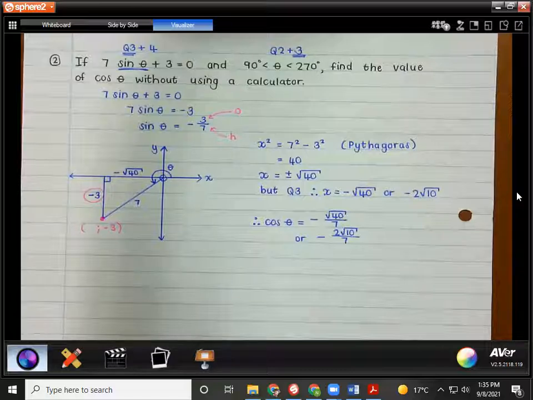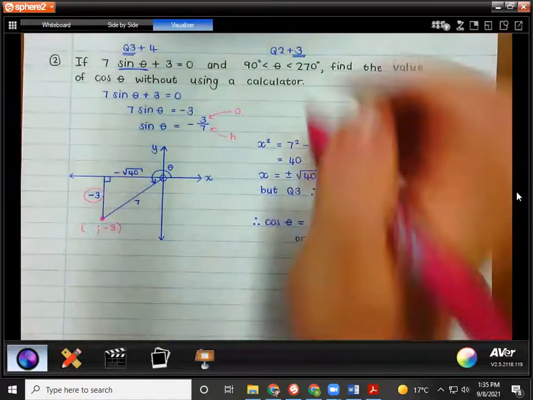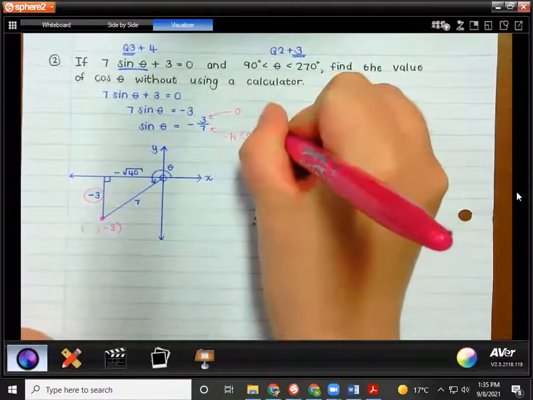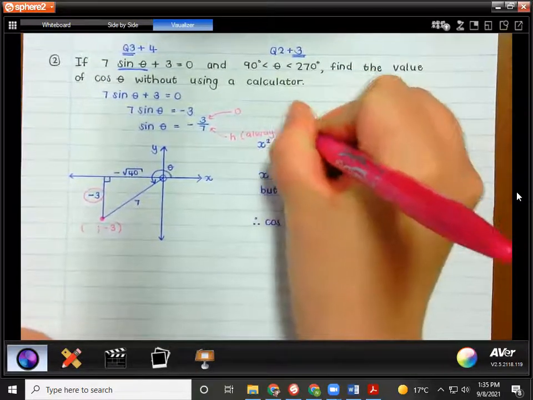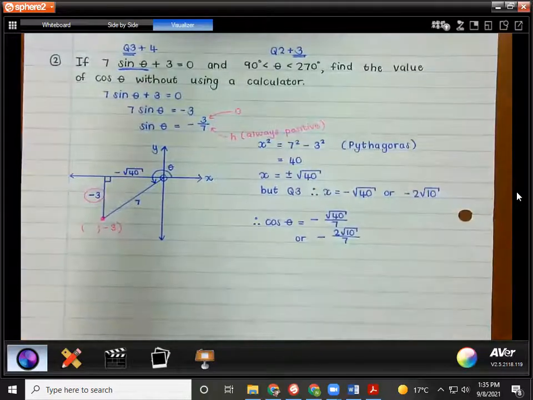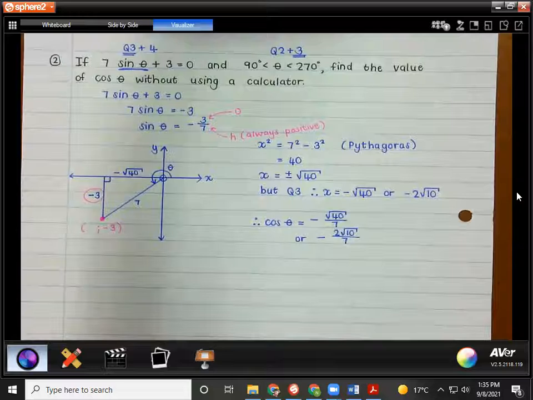Guys, another thing that you need to remember is that the hypotenuse is always positive. Just write that in somewhere. Okay, the hypotenuse is always positive.